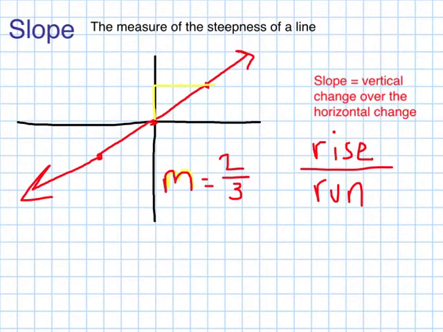Now there is a formula for slope that you will see and use quite often. So we've got here your slope. The letter that represents slope is M. M is equal to the rise, which is the change in y.